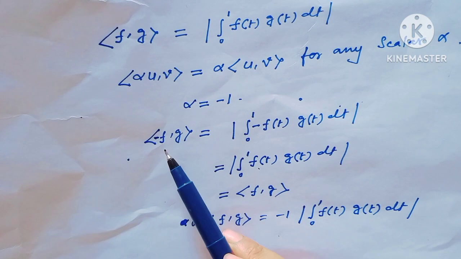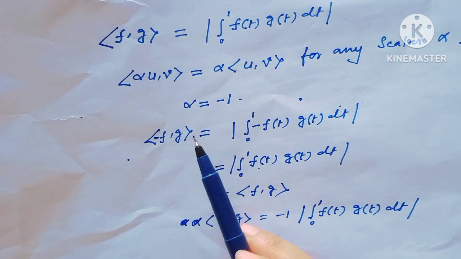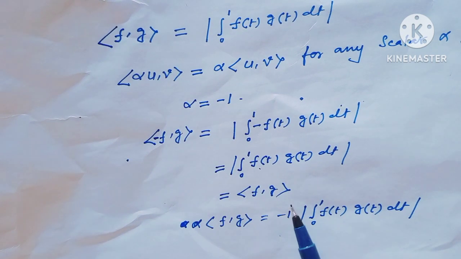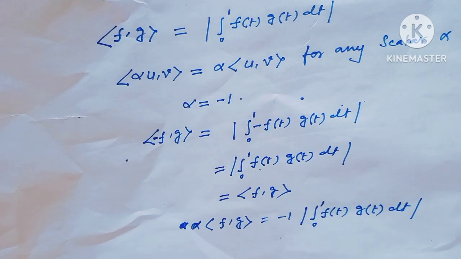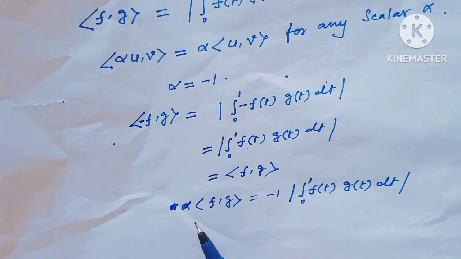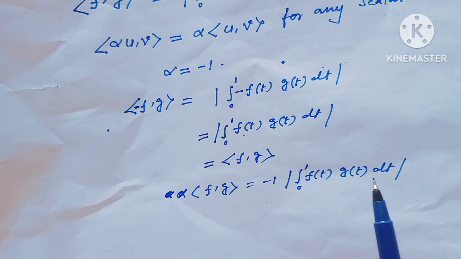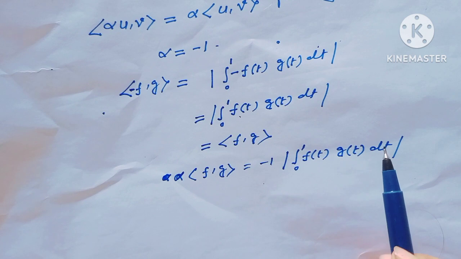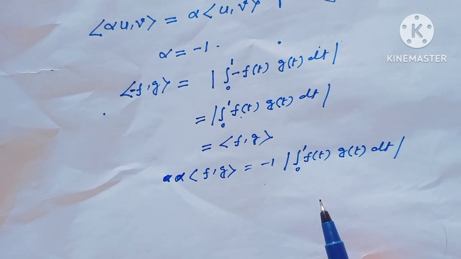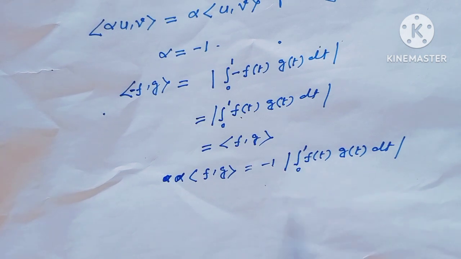That means inner product minus f comma g is equal to inner product f with g, but alpha times inner product f g equals minus 1 times absolute value of integration 0 to 1 f(t) g(t) dt, which is not equal to inner product f with g.